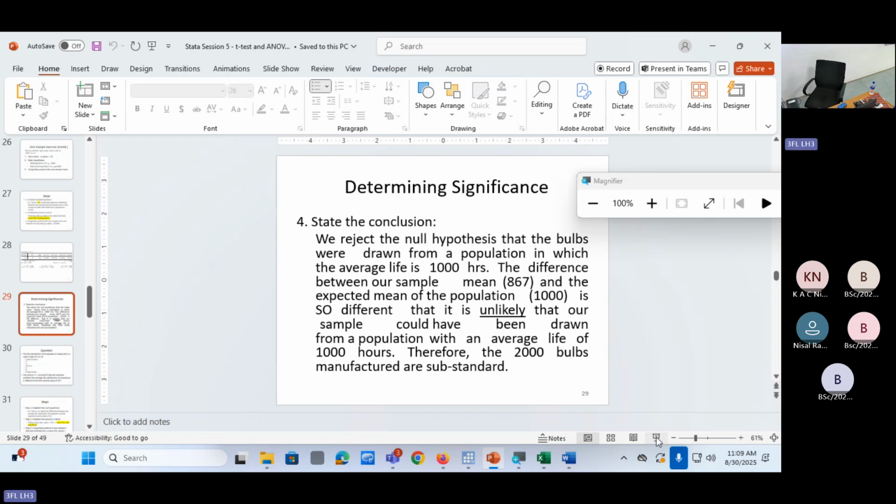So what's your conclusion related to the bulbs? The bulbs' burning time is significantly lower than the expected standard of 1,000 hours. So the entire lot is rejected.